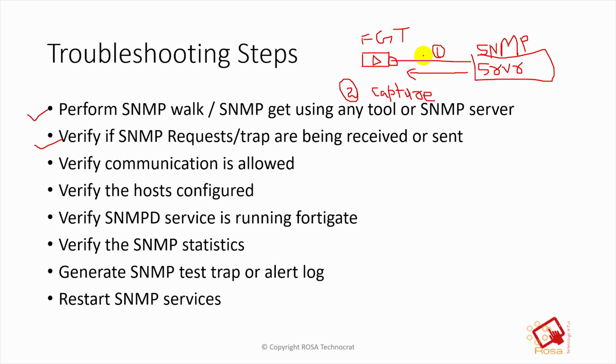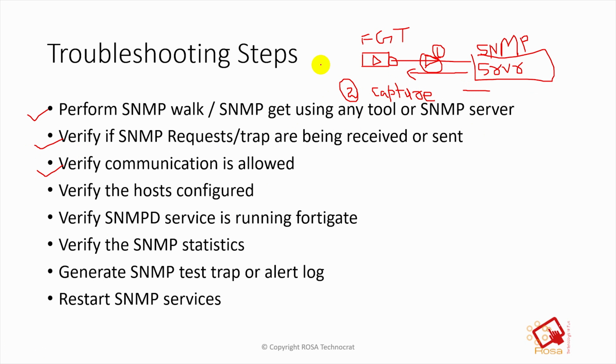You might not receive it if there is some other device in between that is blocking. So this is an important thing to check. Let's say the request was generated successfully and you see the request came in on the packet capture.